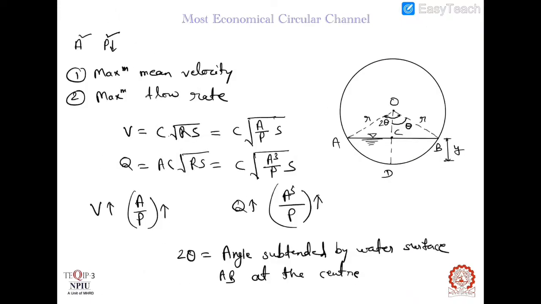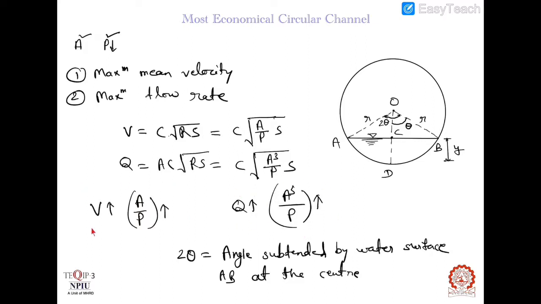Now we find the condition for maximum velocity. We know for maximum velocity that A upon P should be maximum, and for maximum discharge A cube upon P should be maximum.